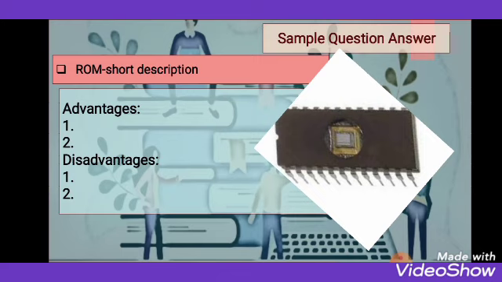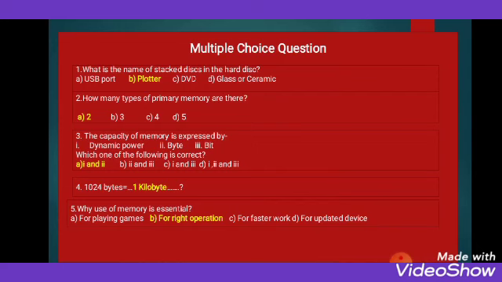Whenever you write in points and make it stepwise, the teacher will be very happy, as he or she will get the answer in a very clear way. The teacher will not be confused about where you wrote advantages and where you wrote disadvantages. When it is arranged, automatically your marks will increase. And lastly you will write a conclusion where you can give your opinion. If you can follow this, you will get very good marks.